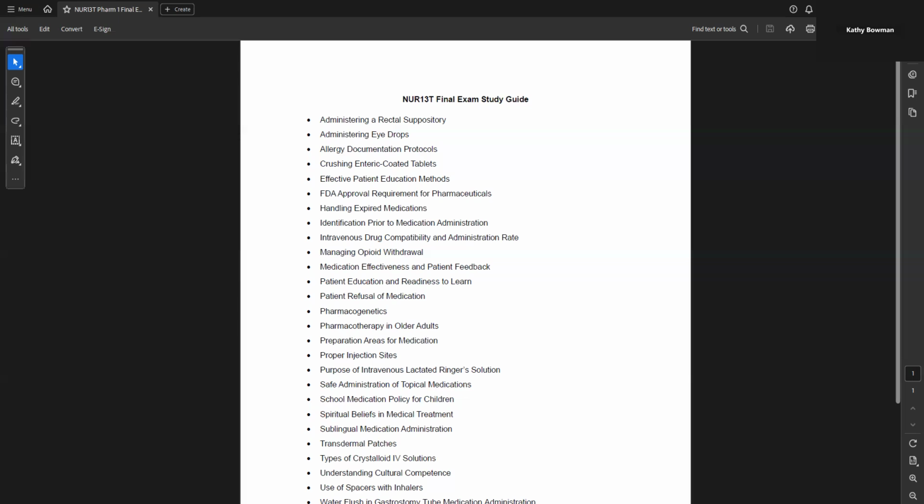Where do you prepare meds? Patient room. In the med room.